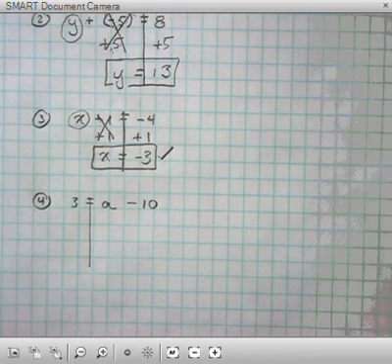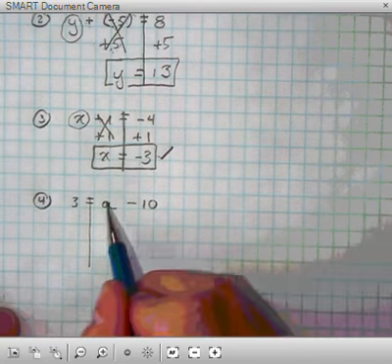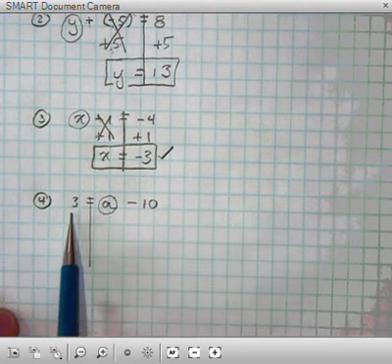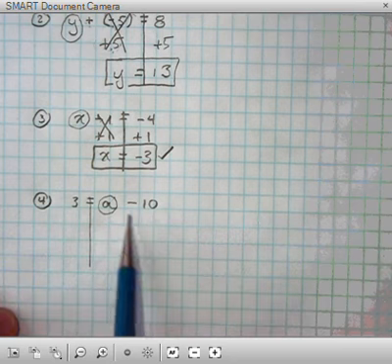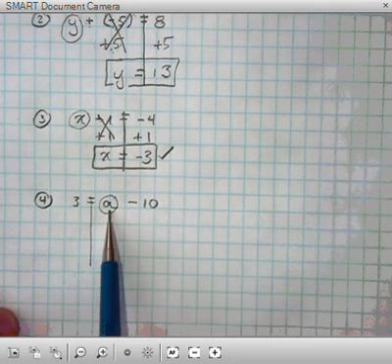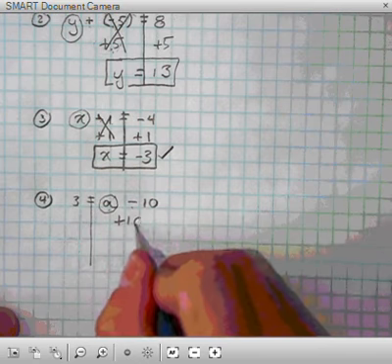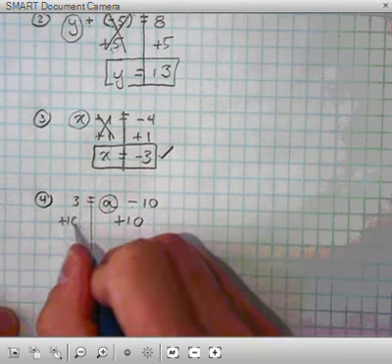Lena? Excellent. Everybody always says, well, I got to get rid of the 3, because they're used to just looking at the left-hand side. But this time, our variable's on this side. So we have to get rid of that minus 10. So we're going to have to add 10 to this side and then add 10 to this side.